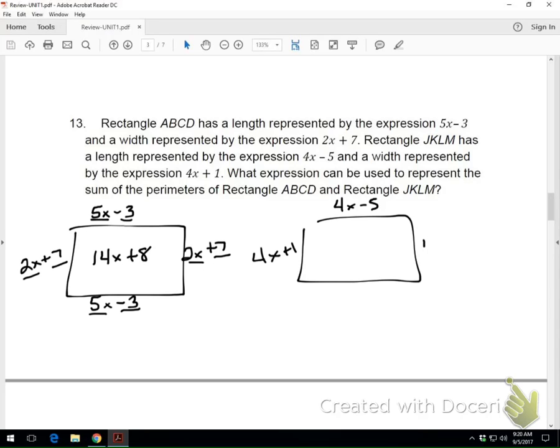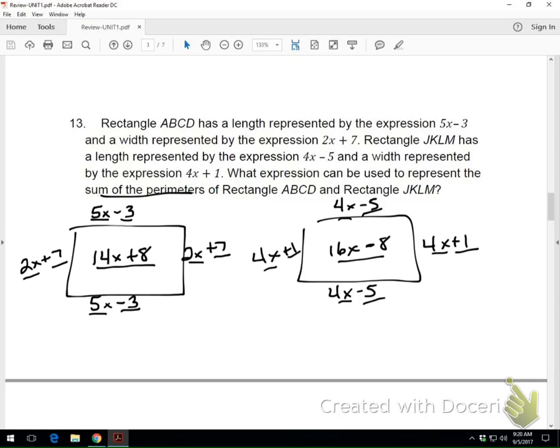Then I do the same thing over here. 4x plus 4x plus 4x plus 4x, 16x. 1 minus 5 plus 1 minus 5, negative 8. Now it says what is the sum of the perimeters? So we take each of these and add them together.